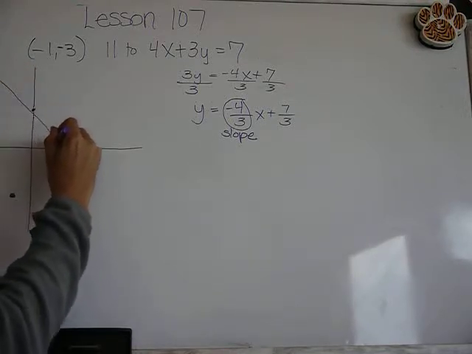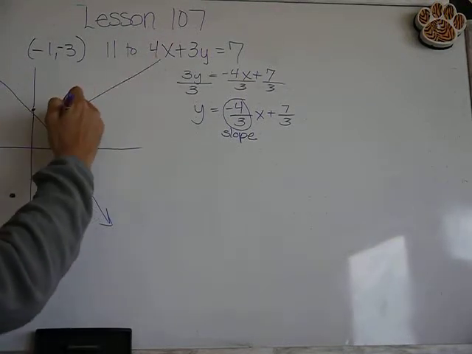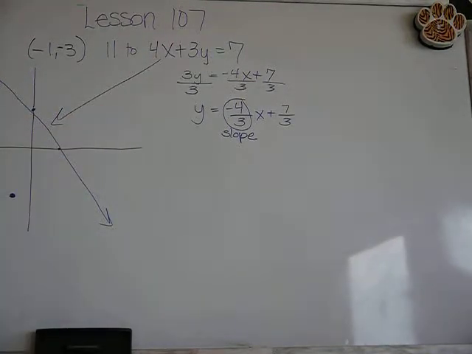I'm just kind of giving you, I graphed that line just for a visual. Okay, that's this line right here. And this is what they're asking us for. They're saying find the new line that goes through this point, but is parallel to this. So we know it's going to look basically like this, right? Does that make sense?